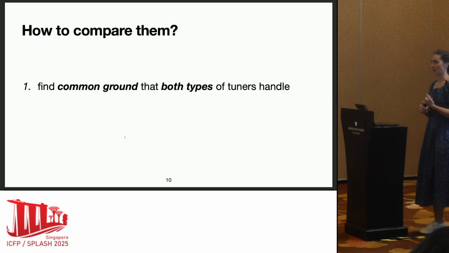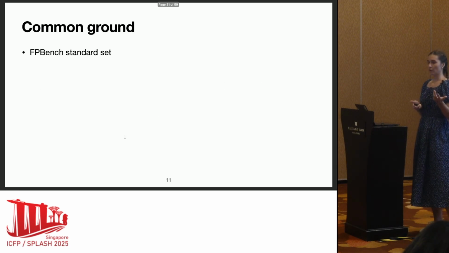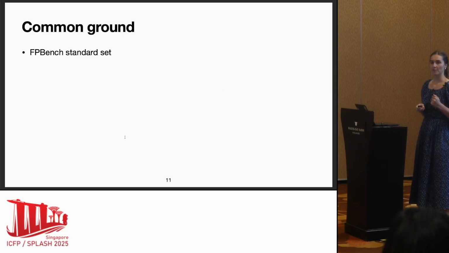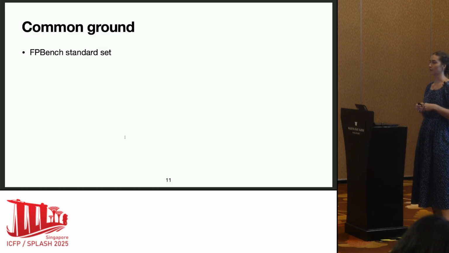First, we needed to find the common ground on which both types of tools can be evaluated, so we have reference points for direct comparison. And we needed to find a meaningful metric that will quantify effectiveness of the tuners. For common ground, we started off with the FPBench standard benchmark set that is generally used for assessing quality of numerical analyzers and optimizers.